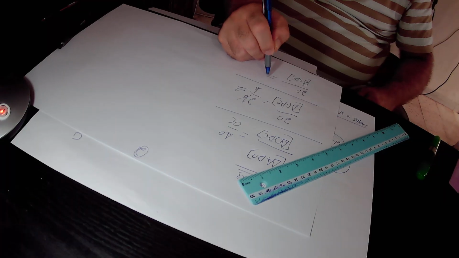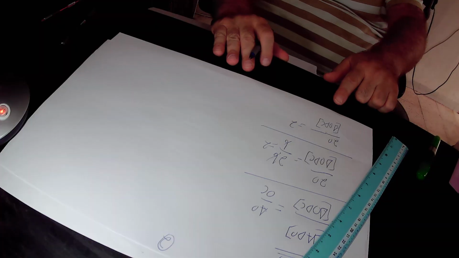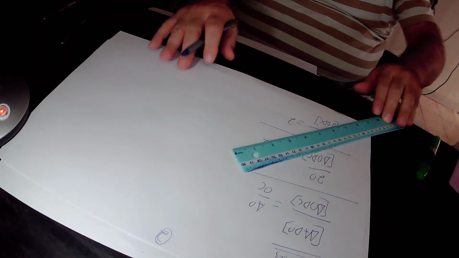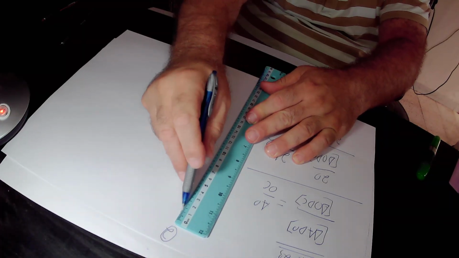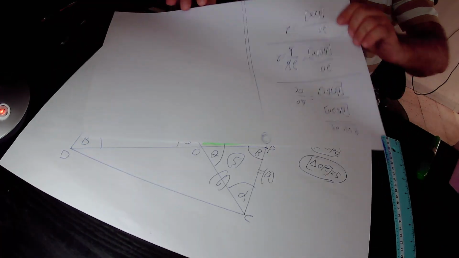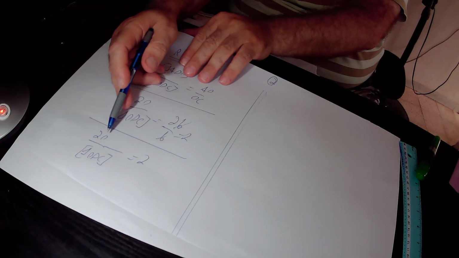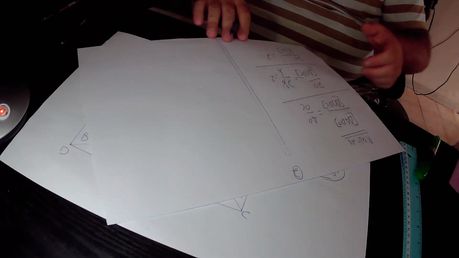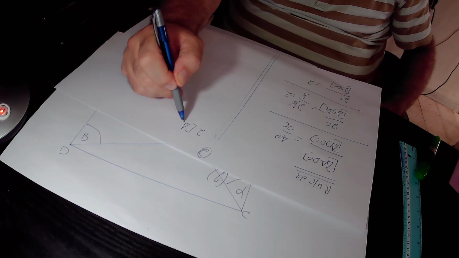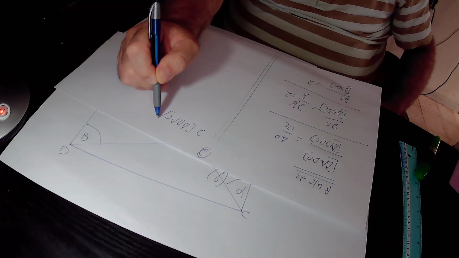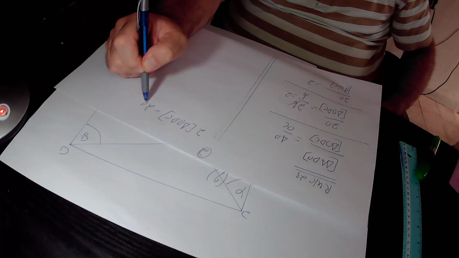is equal to 2. So here we multiply the equation by the area of triangle ODC, and we get that 2 times the area of triangle ODC is equal to 20.